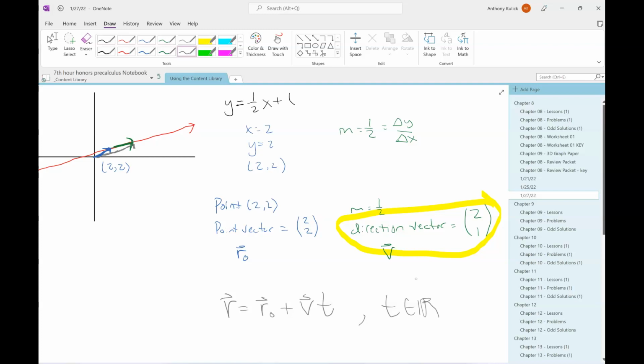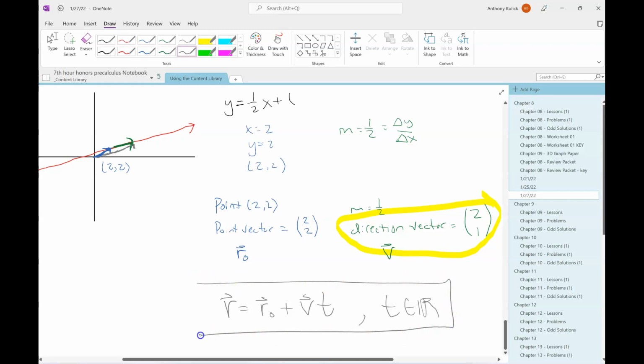Since T can scale the direction vector to be as big or small as you need, you can create every point vector that lies on that line with this equation. So this is my vector equation for a line.